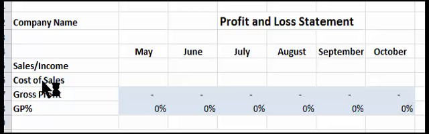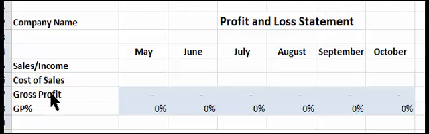The cost of sales may also be called cost of goods sold. It is a variable cost, and indeed is called a variable cost by some accountants. And your gross profit is a subtraction of the cost of sales from the sales. Pretty standard. And I'll give you an example in a minute of how that actually works.